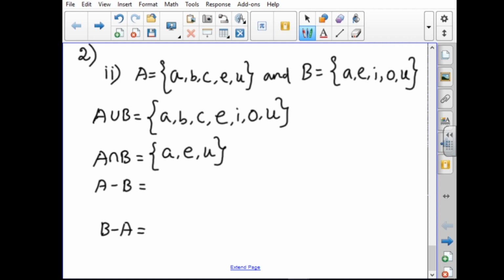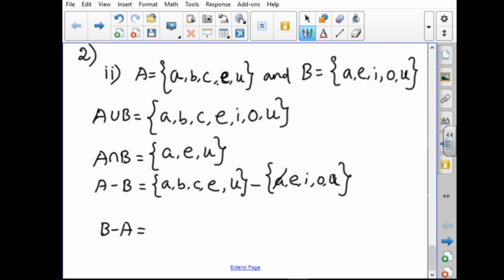Then A difference B. A difference B means first you should write A elements: A, B, C, E, U. Difference B is what? A, E, I, O, U. You should cancel any B elements that are there in the A set. Just check it.